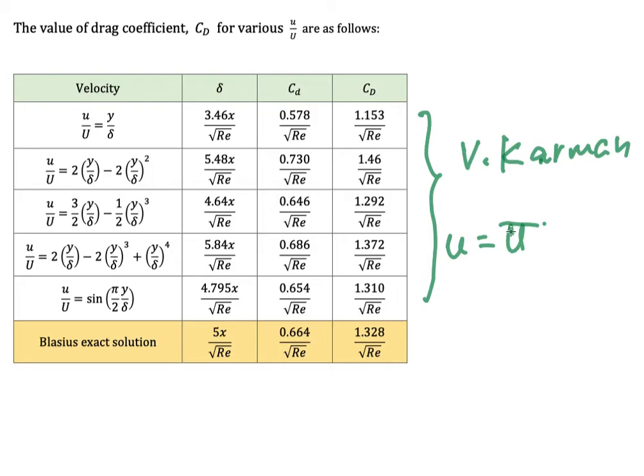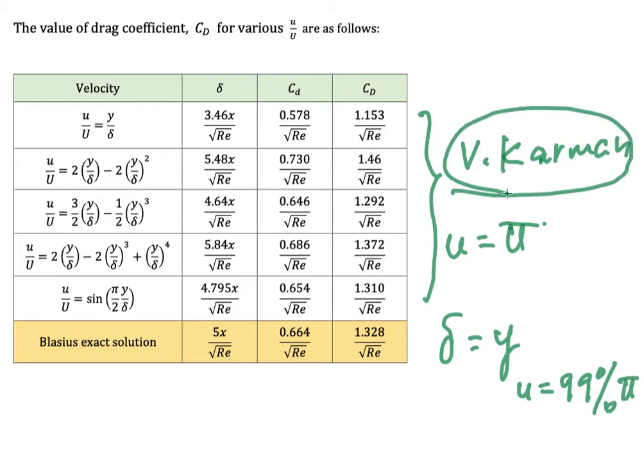That is not quite aligned with the definition of delta, which is y at u equal to 99% of capital U. So we do not use the idea of 99%. It's still okay, because maybe that 1% can be ignored. That's what von Karman assumed.